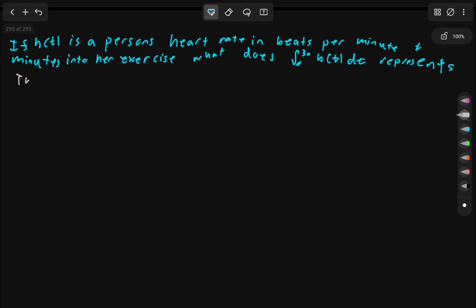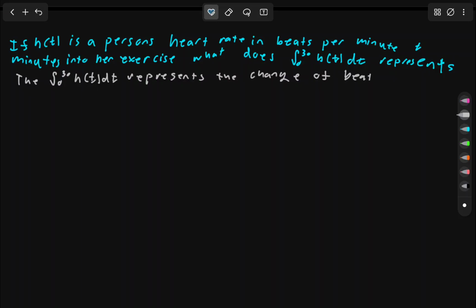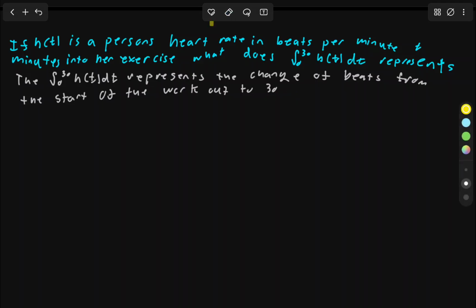So we'd write this as the integral from 0 to 30 of h of t dt represents, and sorry, this is kind of becoming an English class, but that's why I'm doing this at the end, represents the net change of beats from the start of the workout to 30 minutes into the workout.